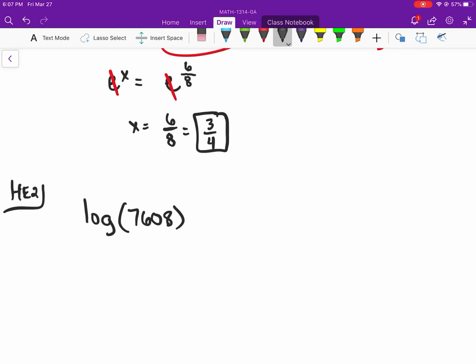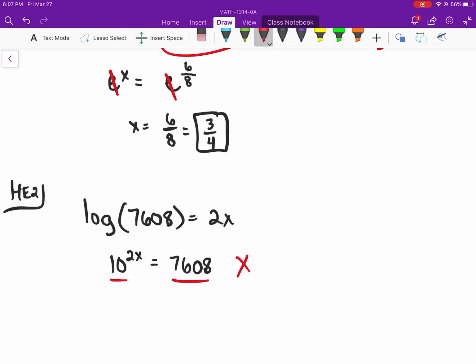So we have log of 7,608 equals 2x. All right, so if I try to convert this to an exponential function, that would be 10 to the 2x power equals 7,608.